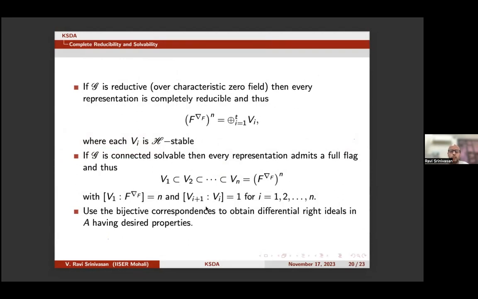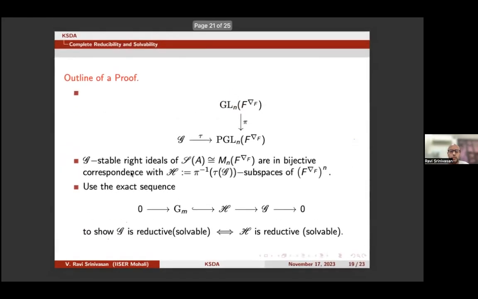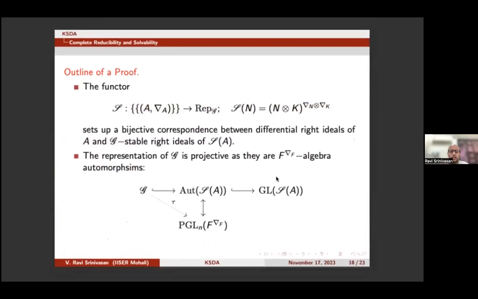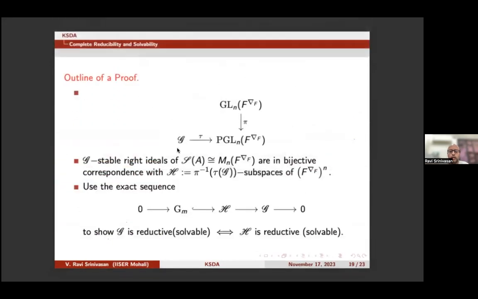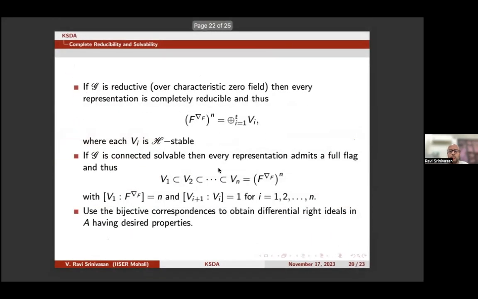Then you use all those bijective correspondences. The first one is between G-stable right ideals and subspaces. You first use that, and then you go to SA, where you will have the flag of ideals, and then you use the bijective correspondence between differential right ideals and G-stable ones, and finally you end up in A. So essentially, by applying those bijective correspondences, you actually get the theorem.